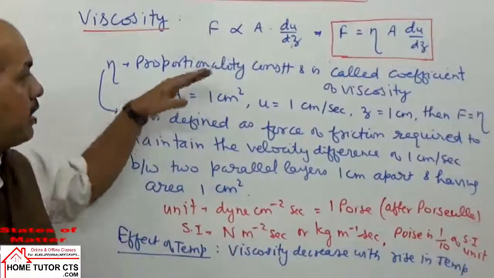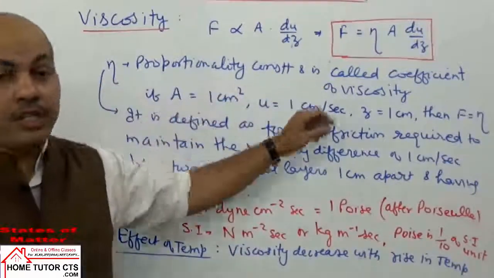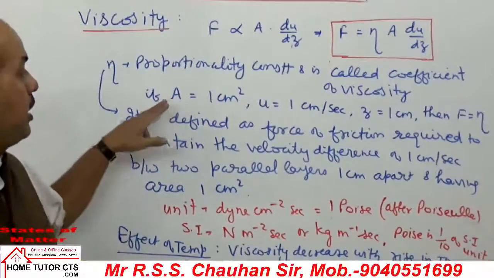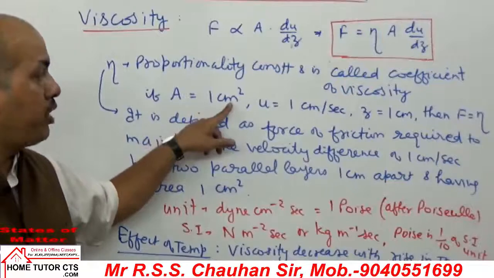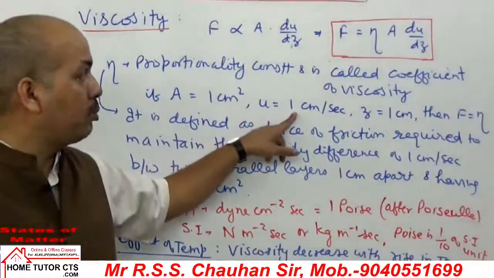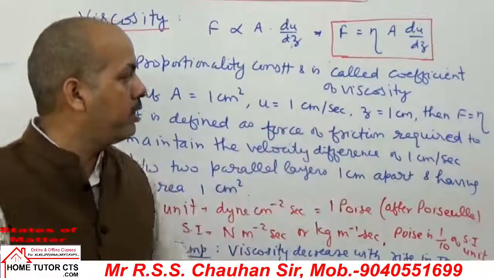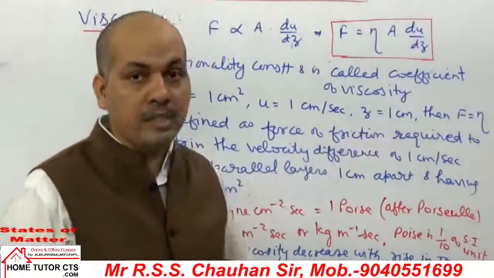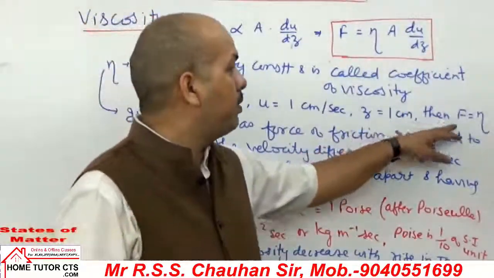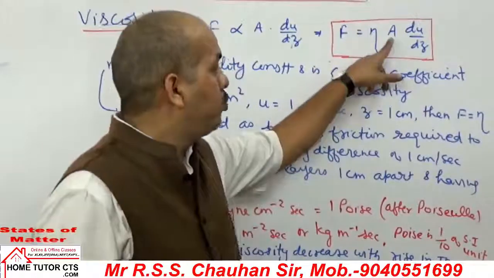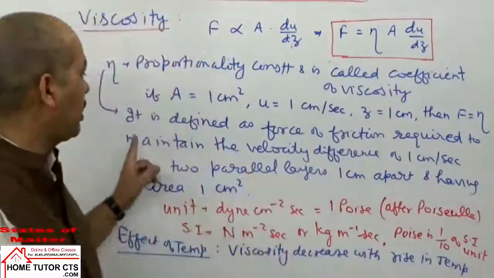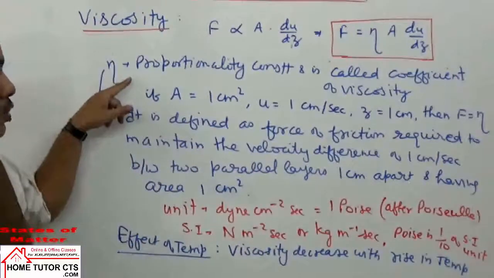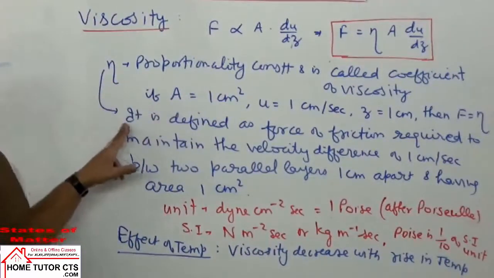Let us take the definition of this coefficient of viscosity. Suppose the area of the layers taken is 1 centimeter square in contact, the difference of speed is 1 centimeter per second, and z is the distance between the parallel layers. Then if A, du and dz are 1, eta is equal to the force. That means the coefficient of viscosity can be defined.